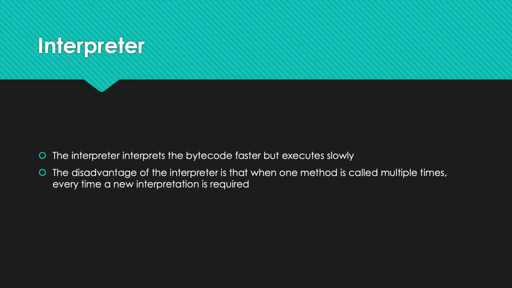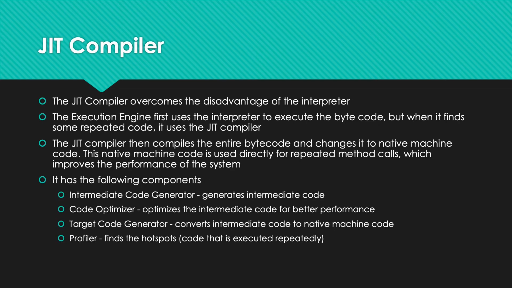The next component we're going to see, the JIT compiler, helps us overcome this disadvantage. The JIT compiler is going to find out which code is repeated, and it's going to optimize it in such a way that it doesn't need to interpret it the next time the same code gets executed.